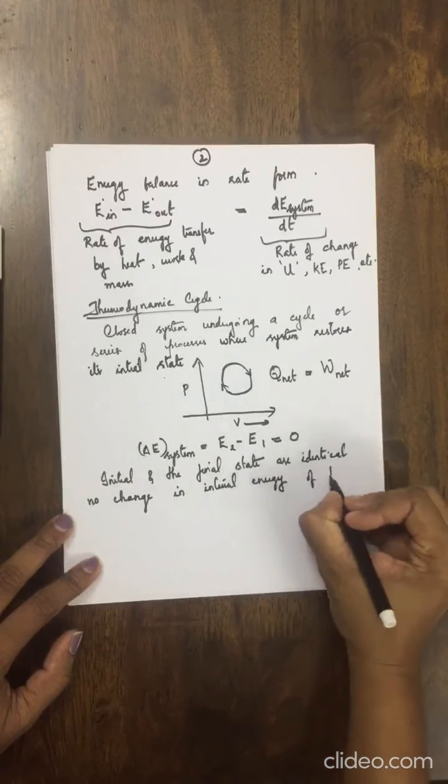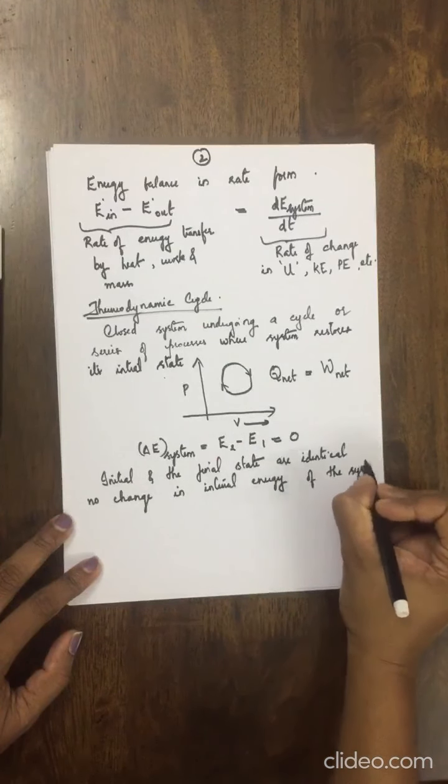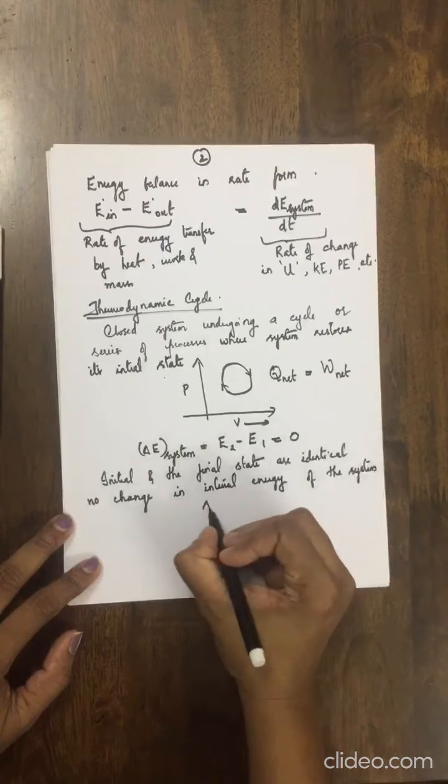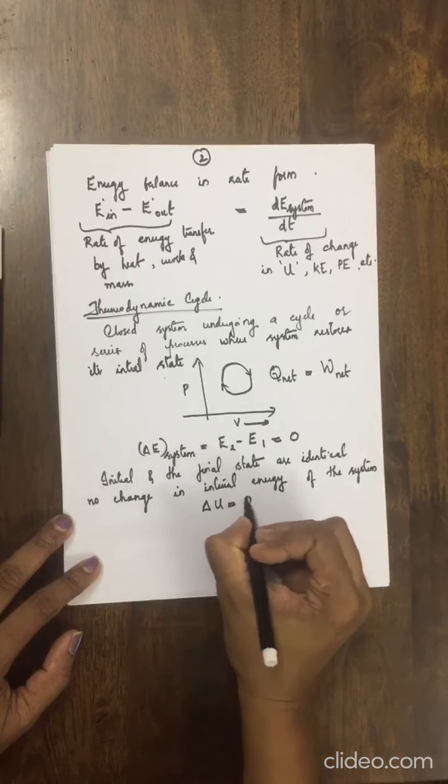There is no change in internal energy of the system, which means del U is equal to 0.